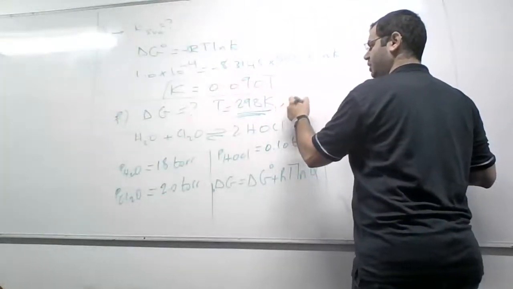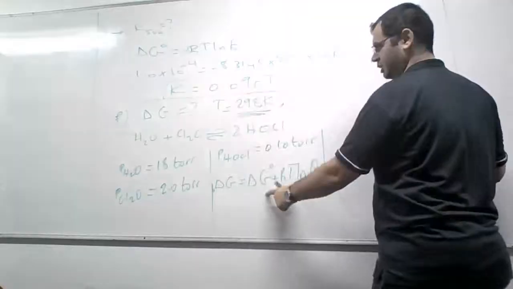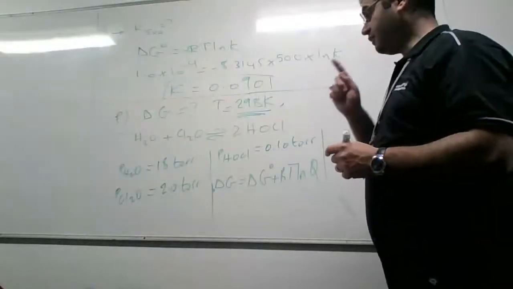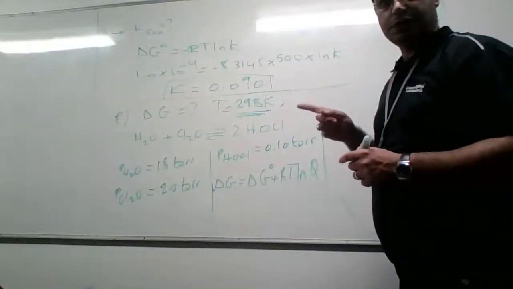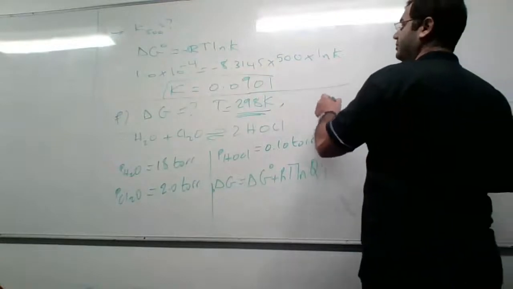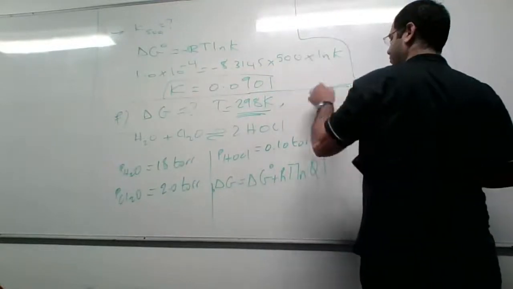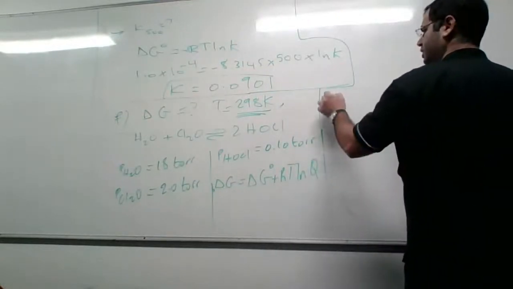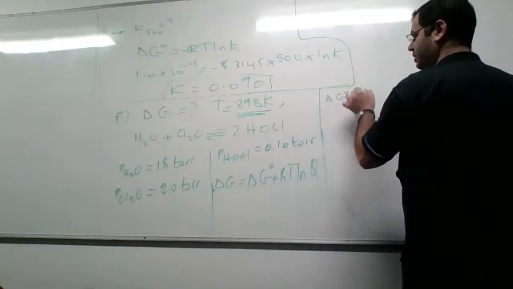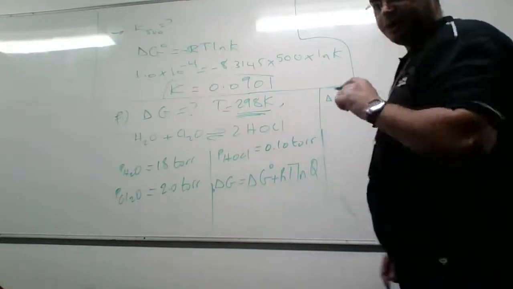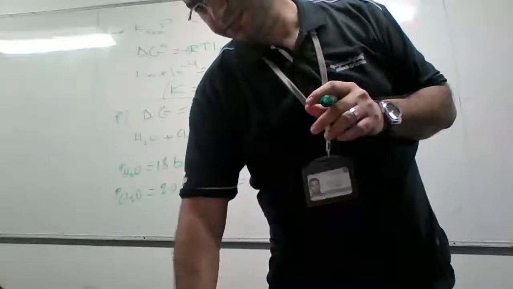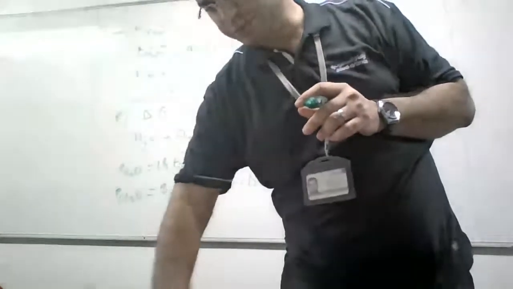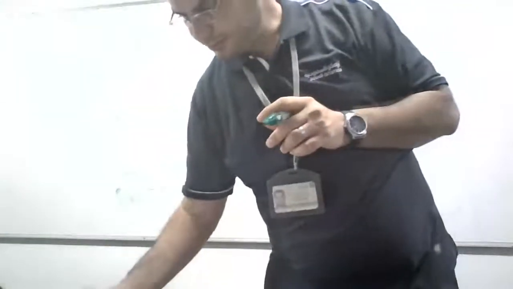So which delta G will I be using? Not delta G naught at 500. I will use delta G naught from part A. So how much is it from part A, shabab? Here, 6.0 kilojoule.